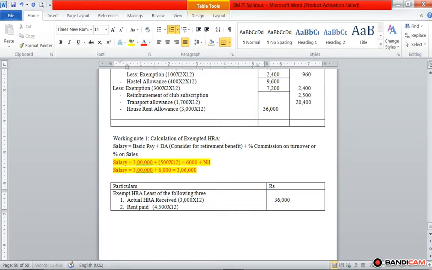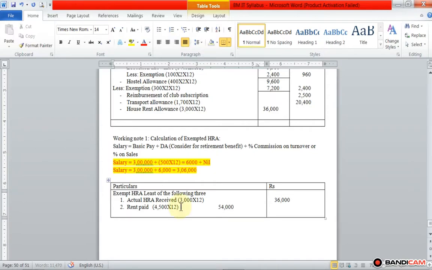So in the inner column, 54,000 is the rent paid by Mrs. Jamdade. From rent paid we deduct 10% of salary.